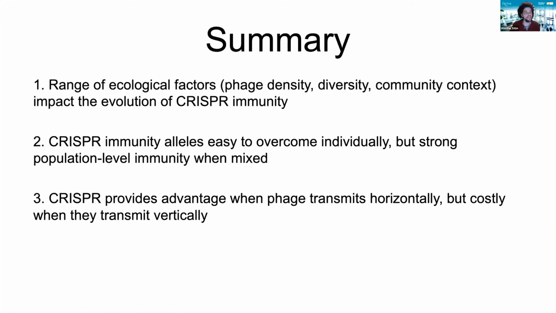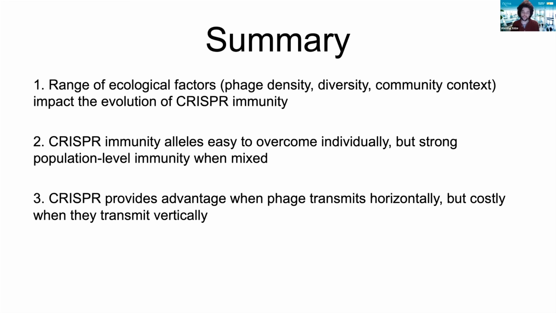So in summary, what I've shared with you is data that show that various ecological factors, including the density of phages as well as the microbial community composition, can impact whether or not CRISPR immunity evolves or whether bacteria use alternative defense strategies.